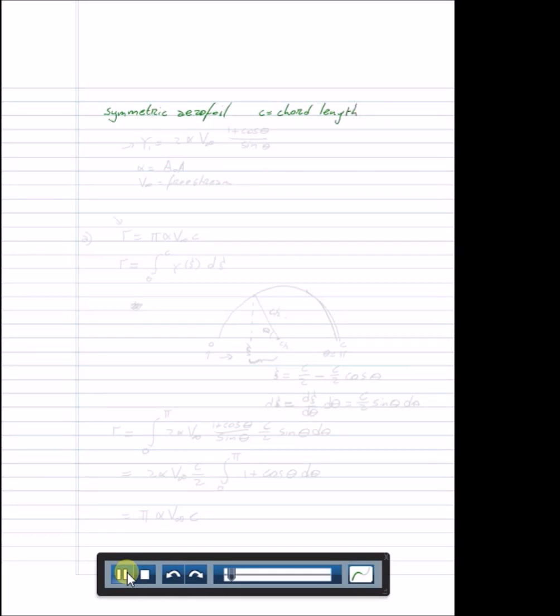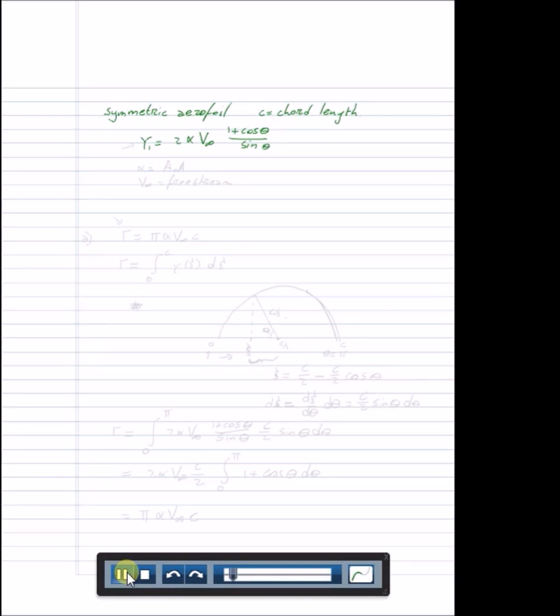The vortex sheet strength is given for that specific aerofoil. So we've got gamma is 2 alpha V infinity (1 plus cosine theta) divided by sine theta.